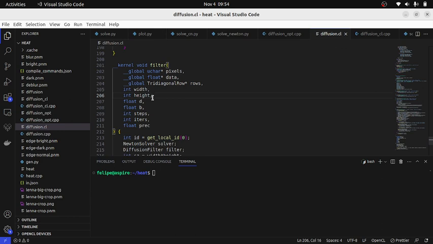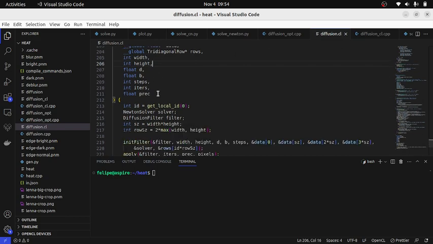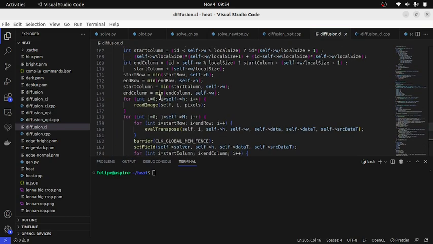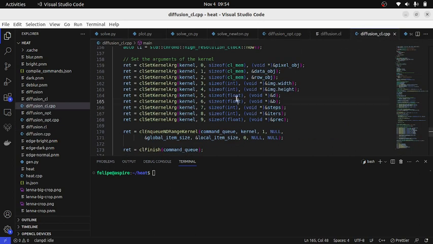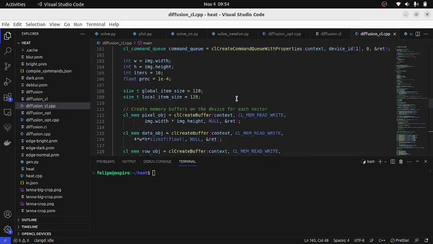The other concept here is the local size, which is, like I said, the local dimension of the size of the work group that you are running on the kernel. And here, you see I put 128.